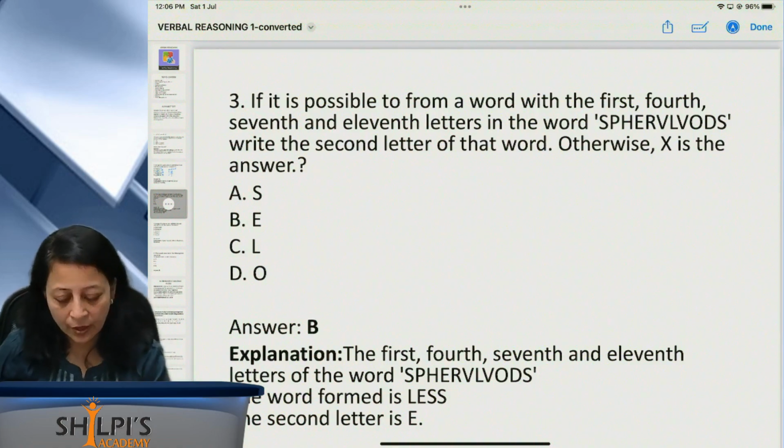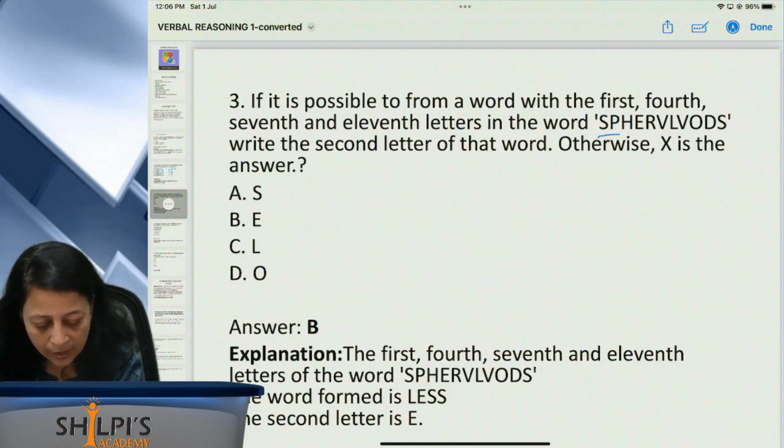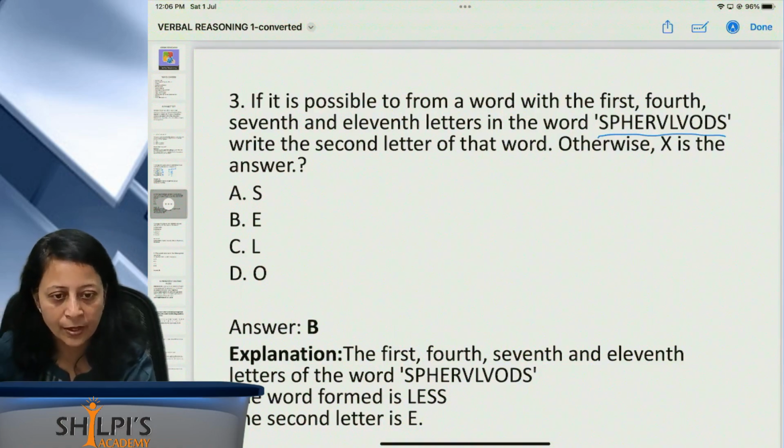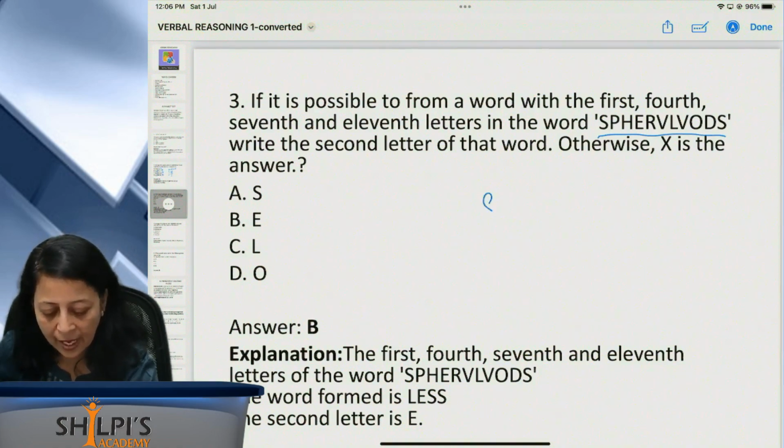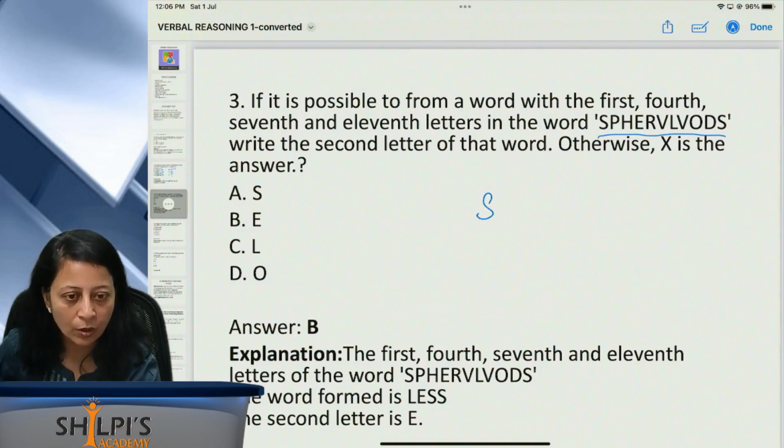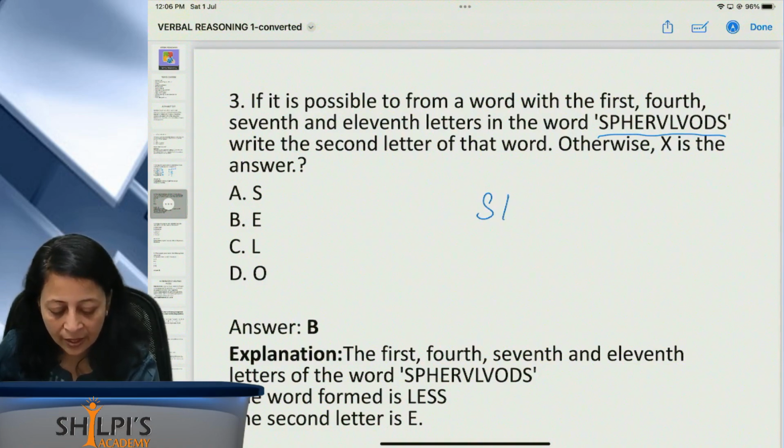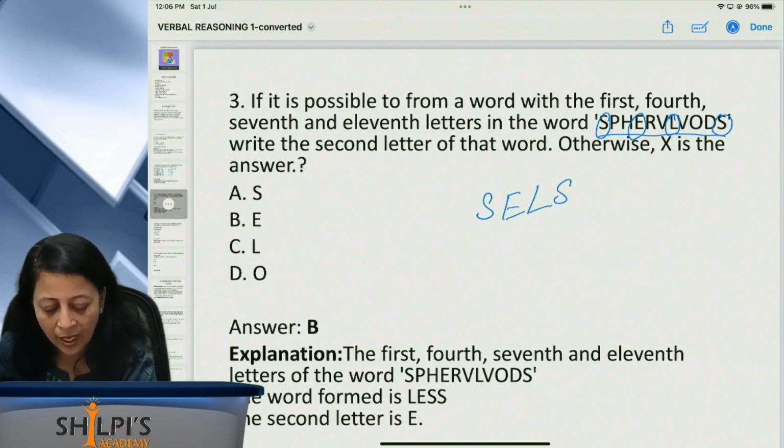What is the first letter? Out of this, just take the first one, the first letter, it is S. Then goes the fourth, fourth is E. First 1, 2, 3, 4, then 5, 6, 7, 8, 9, 10, 11. So what letters we have is, okay, we got SELS.